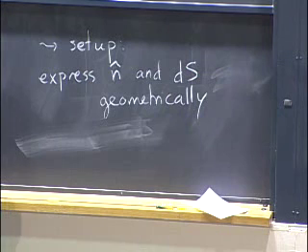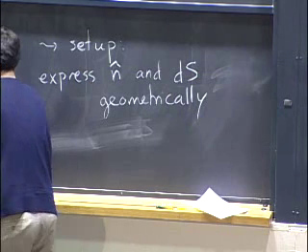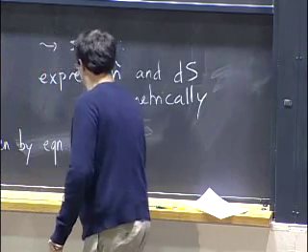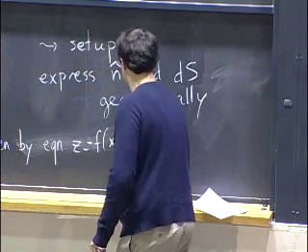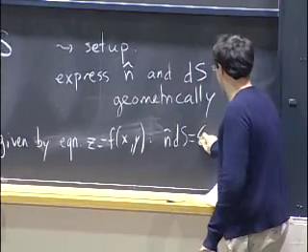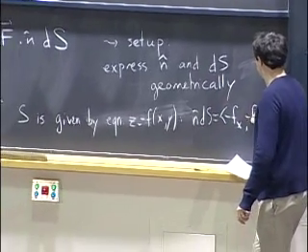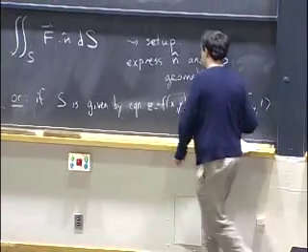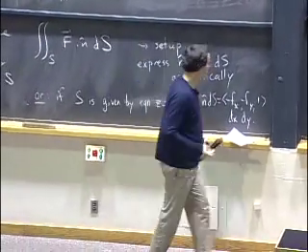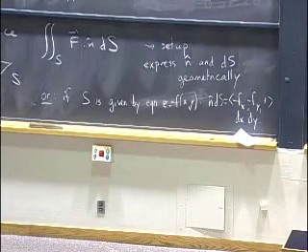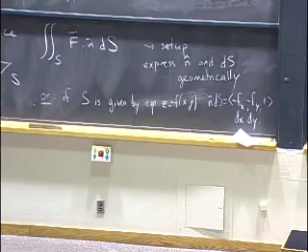If S is given by an equation z equals some function f of x, y, then you can just say n dS equals (minus f sub x, minus f sub y, 1) dx dy, and I need to rewrite that because I'm running out of space. But while I erase, I would like to point out the most important thing in here.